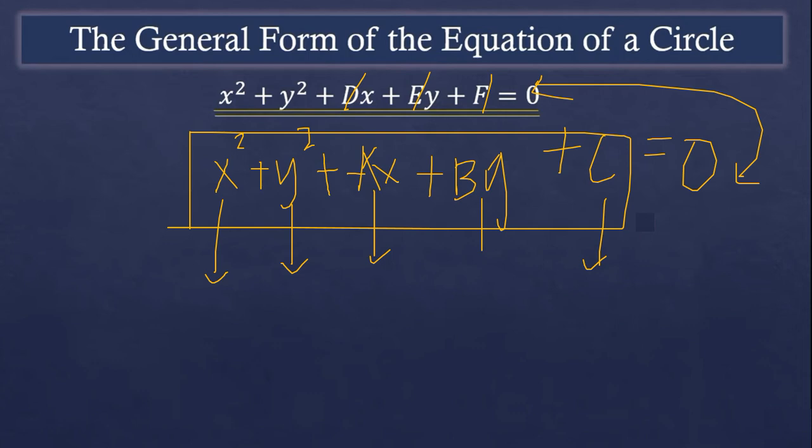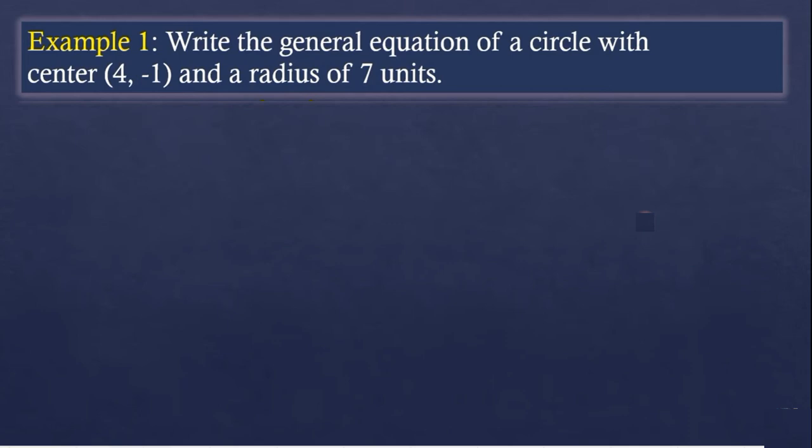So, para mas maintindihan natin, magbibigay ako ng example here. Write the general equation of a circle with center 4, -1 and a radius of 7 units. First, we need to use the standard form before we simplify our answer into general equation.